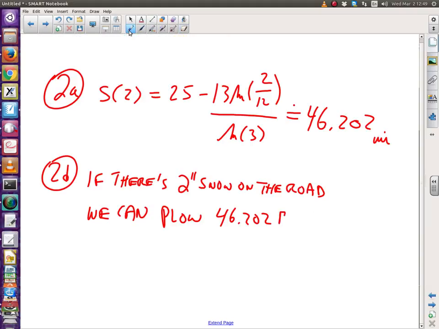How about miles per hour? How about that? But it's miles of road, right? How much snow-covered road that has 2 inches of snow on it.